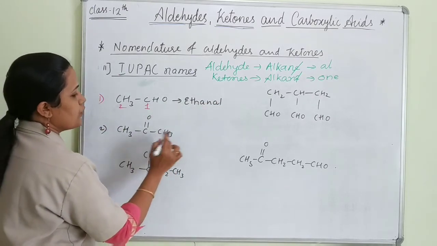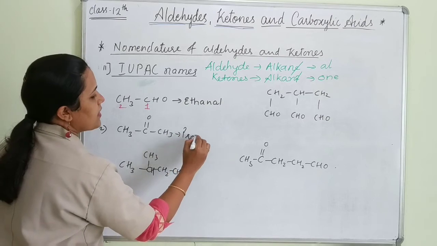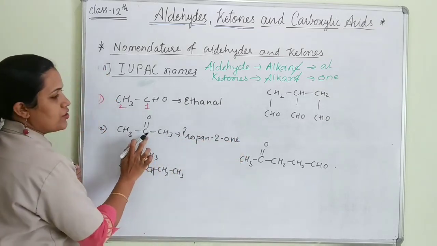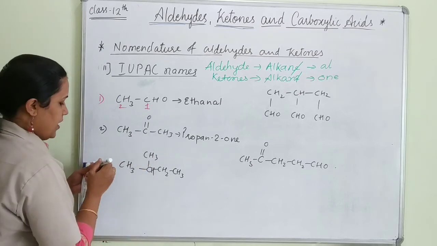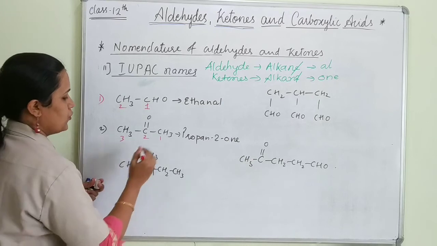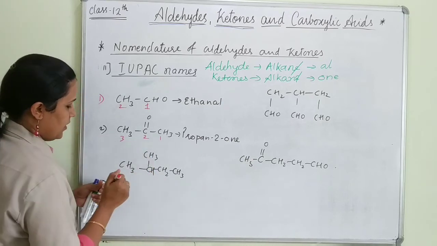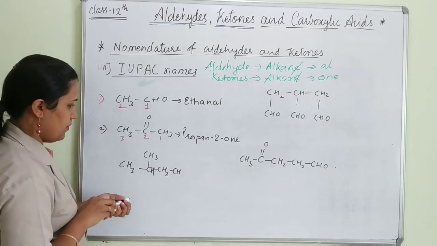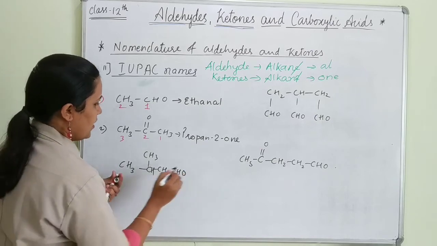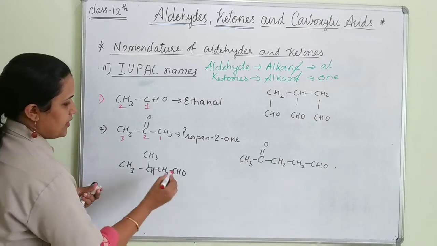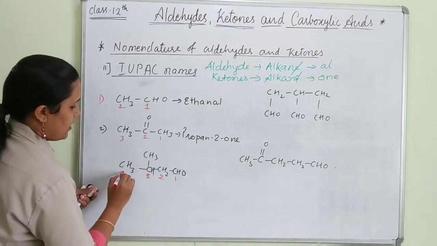Now let's start with the second. It's 1, 2, 3. So I'll be writing it as propane-2-one. The position also we need to mention here, and how I counted the position in this way, 1, 2, 3, so 2-one. Here also in this one I have not written the functional group. Let me write the functional group in this first. Okay, now after writing the functional group I can show this. It is 1, 2, 3 and 4.